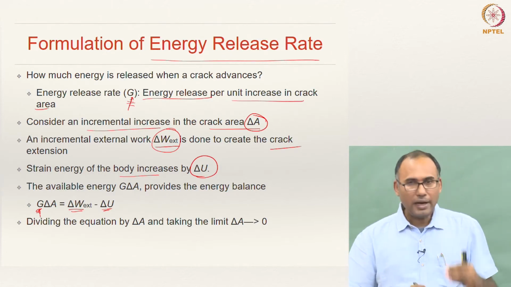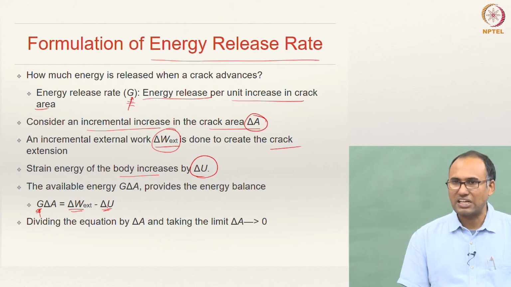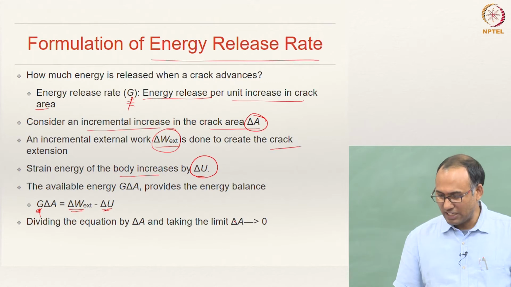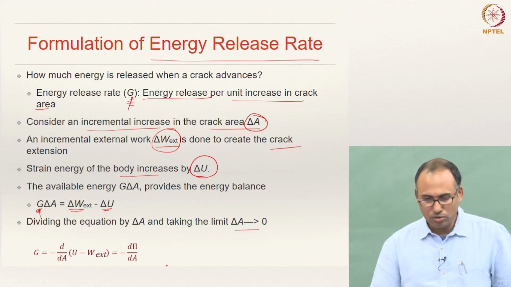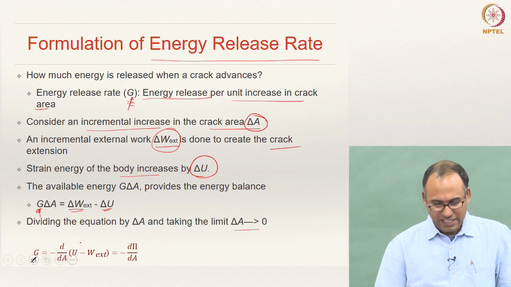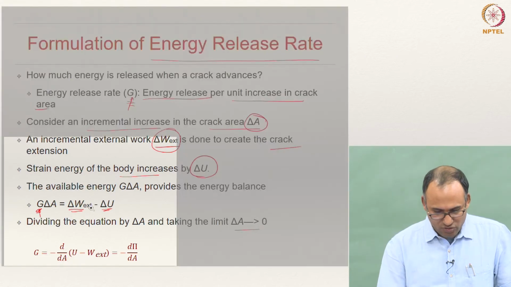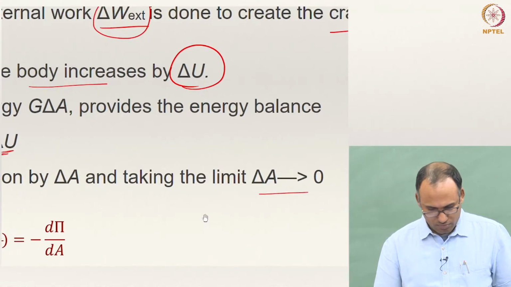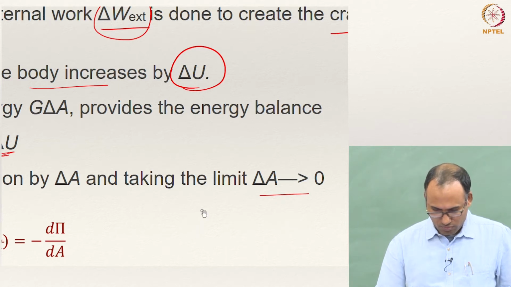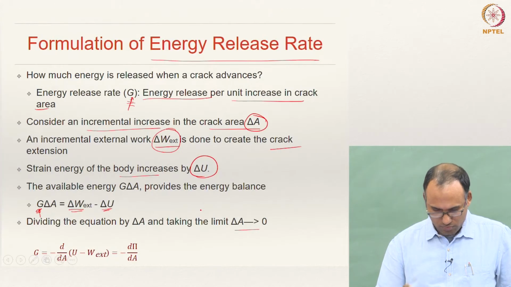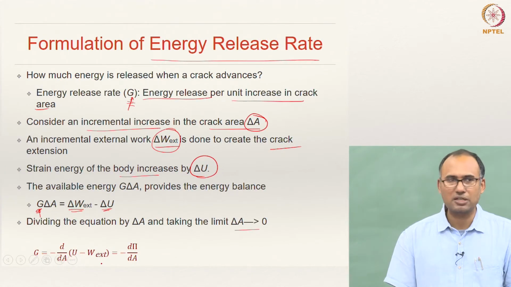Now, if you divide both sides by delta A and take the limit delta A tends to 0, then you will have G equal to minus d/dA of (U minus W_ext). There is a negative sign here. So G can be written as negative of d/dA of (U minus W_ext).